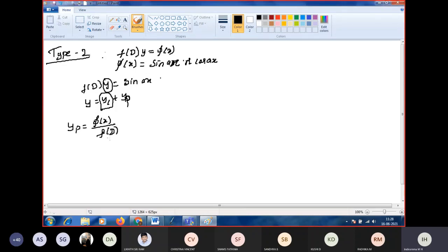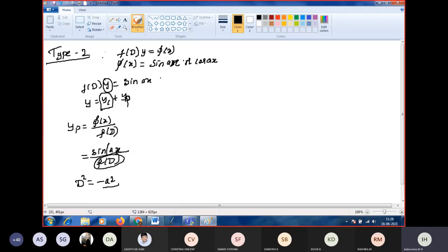Now we have phi of x as either sin ax or cos ax, divided by f of d. Here I am not going to replace d by a itself. Since the numerator is sin ax or cos ax, put d square equal to minus a square. If you have a d square term in f of d, you replace d square by minus a square.